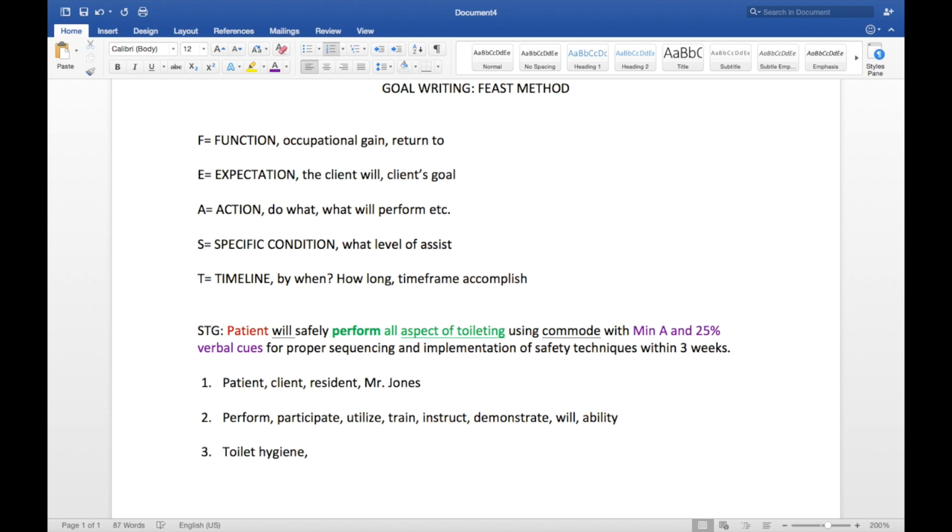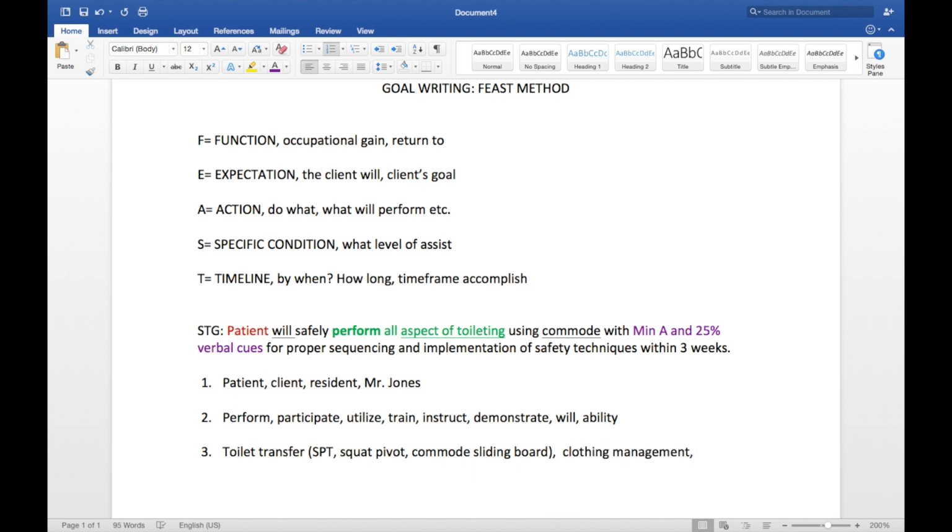Now, just going back to here where I have all aspects of toileting, you might be wondering why I wrote that. It's because all aspects covers everything pertaining to toileting. So we're looking at toilet transfer. So this is stand pivot transfer. This is squat pivot. This is if you're using adaptive equipment such as a commode or sliding board. You can always be very specific in what you're saying, but I'm just putting all under here.